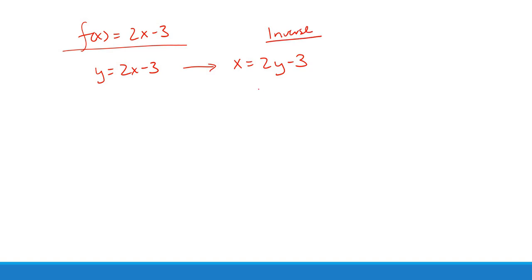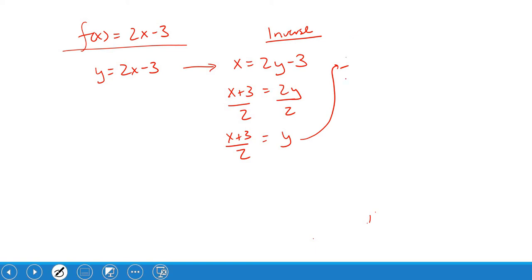Now to make it a function, I want to solve for y. So I'm going to add 3 to both sides and then divide by 2. So you can see that y equals (x plus 3)/2, or the way that we wrote it on the last screen, using my inverse notation.